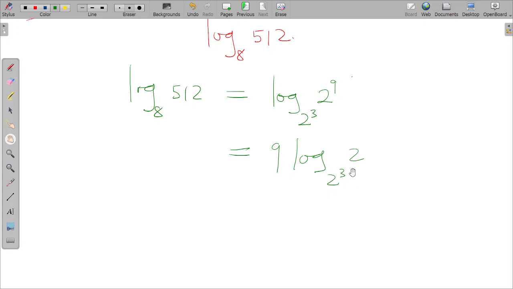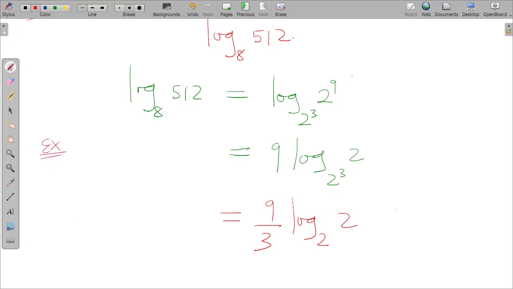Now, when we release the power of the base, it becomes the denominator at the back of the log. So what I mean by that is that this will now become 9 over 3 log of 2 to base 2. So anytime we have the power in the base, then we can release it to come to the back of the log, but it must be a denominator.